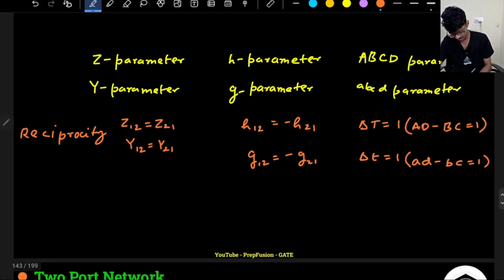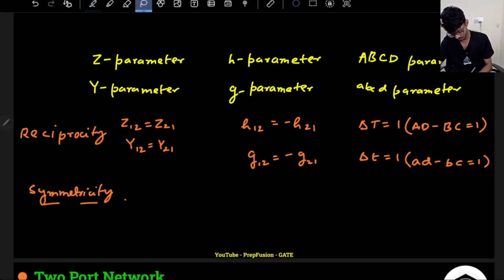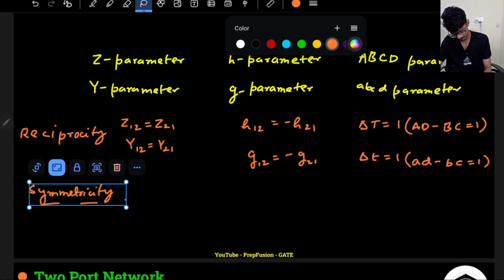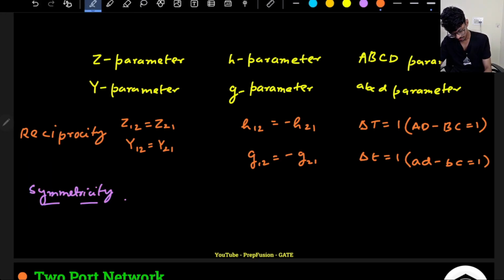And for symmetricity, what are the conditions? I can use a different color. For symmetricity, here my Z11 will be equal to Z22 or Y11 will be equal to Y22. Here my determinant of H must be equal to 1.